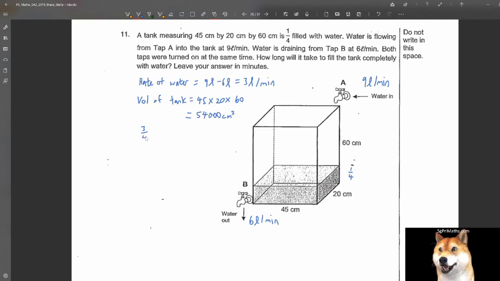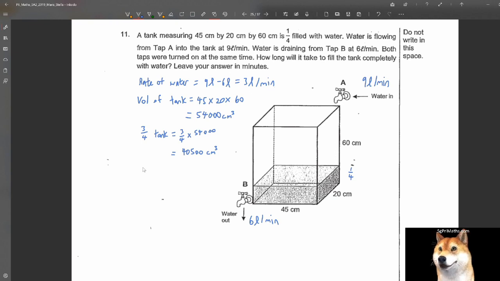So 3/4 of the tank equals 3/4 multiplied by the volume, 54,000, which equals 40,500 cm cube. So this is the volume to fill at a rate of 3 liters per minute.